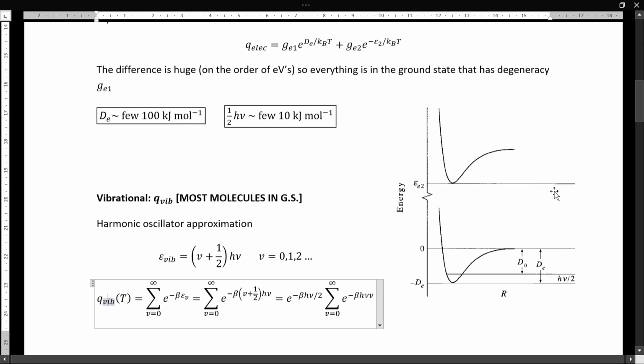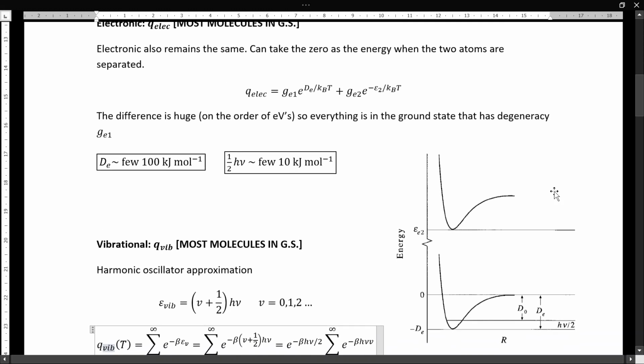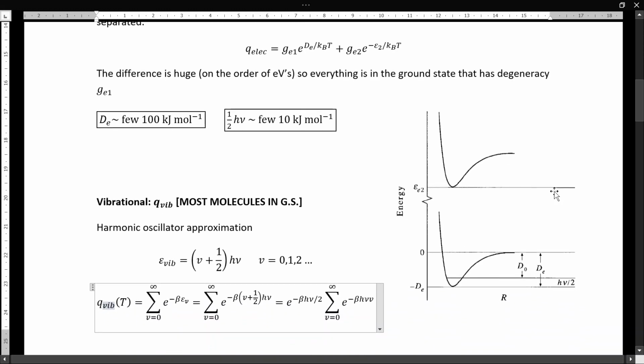It's not going to make any difference. But there are some norms which books are following, so let's follow those norms. We choose this point as the 0 of energy for the vibrational levels. So your lowest ground state energy happens to be h nu by 2.